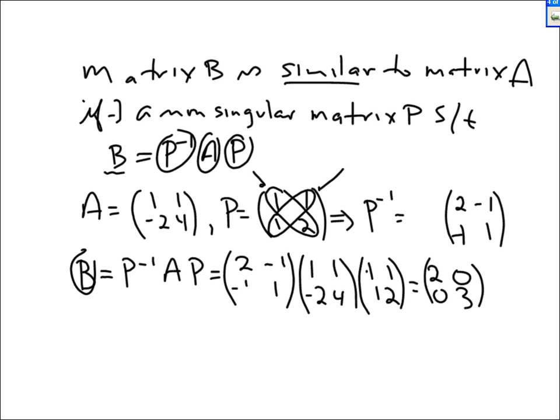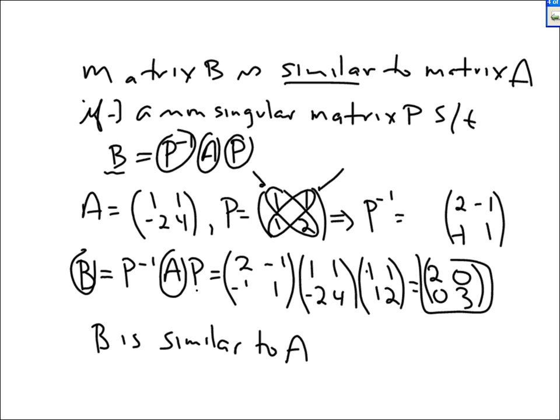That is B is equal to this. B is similar to A. Why? Because I took A, I multiplied on the right by P, and on the left by P inverse, and by definition, whatever I get, it's said to be similar to A. It's a definition of similar.